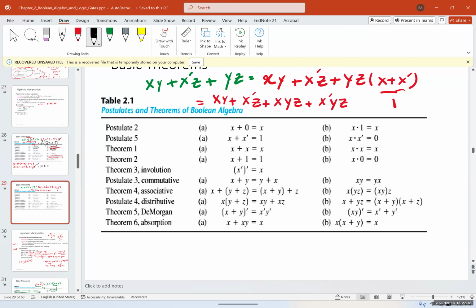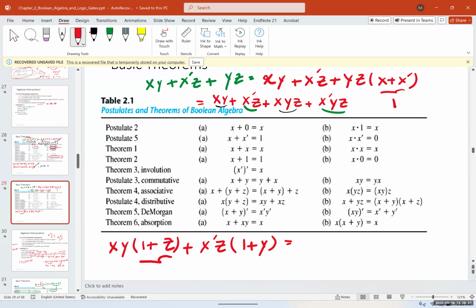So xy is common between the first and the third one. And x prime z is common between the second and the third one. So I can write it like this. It's going to be xy times 1 plus z, because I have one xy here and an xyz in the third term, plus x prime z times 1 plus y this time.